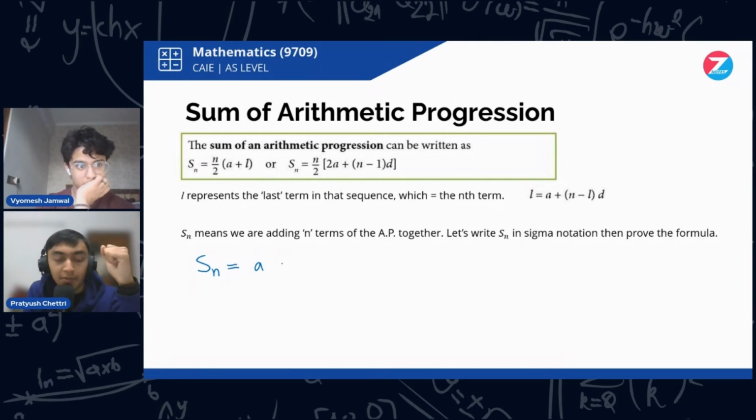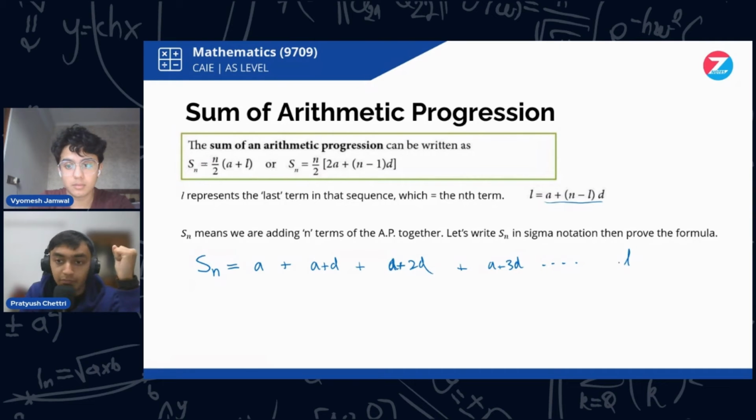Remember, first term was a, second term was a plus d, then a plus 2d, then a plus 3d, and this all the way goes up to L. This is up to L. And the term before L is where n is minus 1.